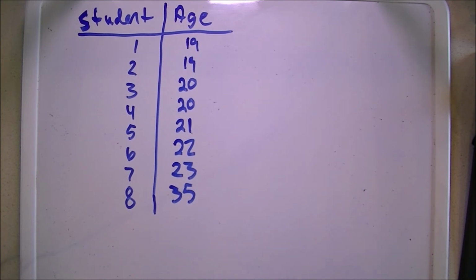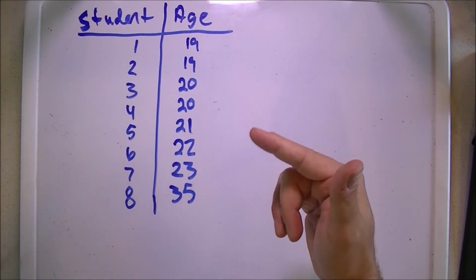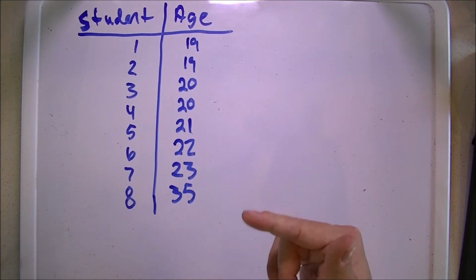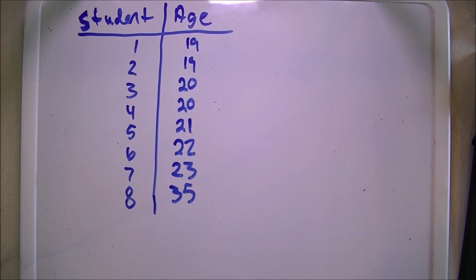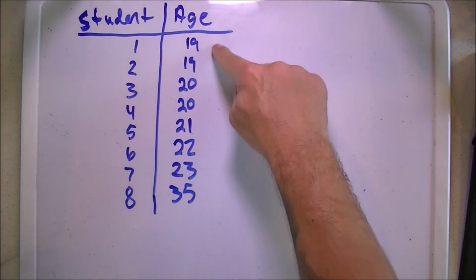For this example, let's say I'm interested in the ages of my students in a small class of 8 students, and I get this distribution here. So 19, 19, 20, 20, 21, 22, 23, and 35. Since I have an even number of cases, I need to find the average of the two middle scores to find the median. And I want you to note too that these are in order of age, right?